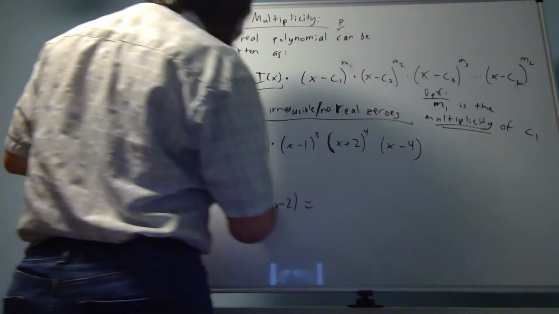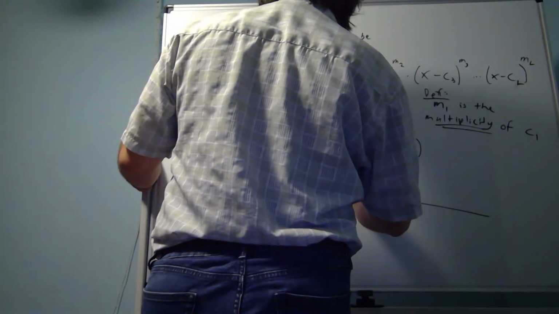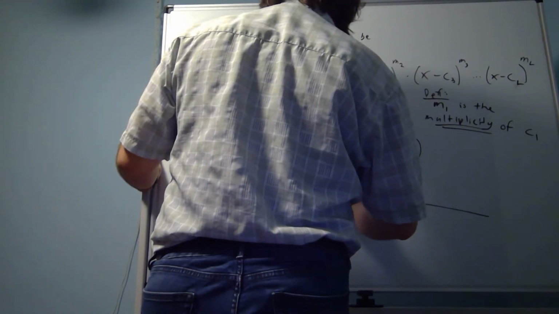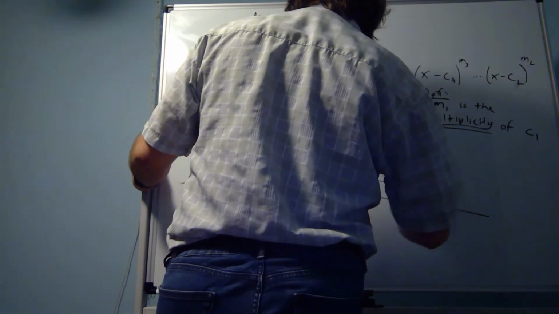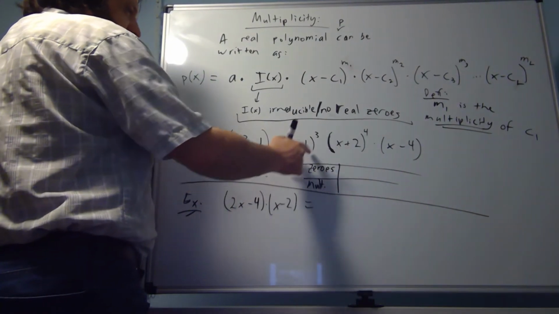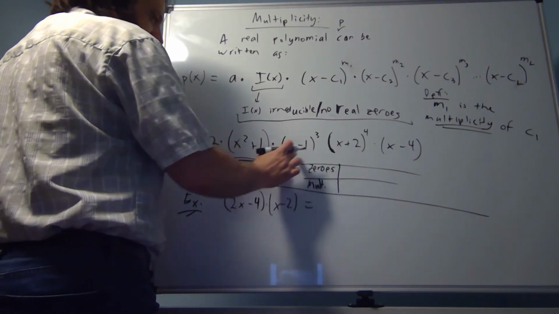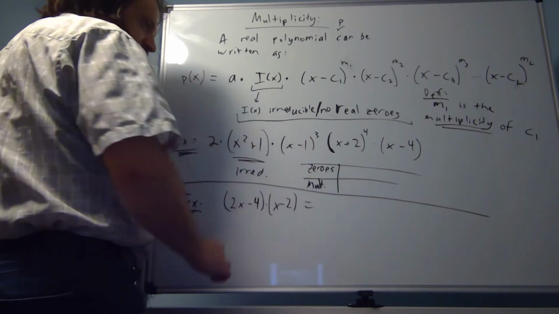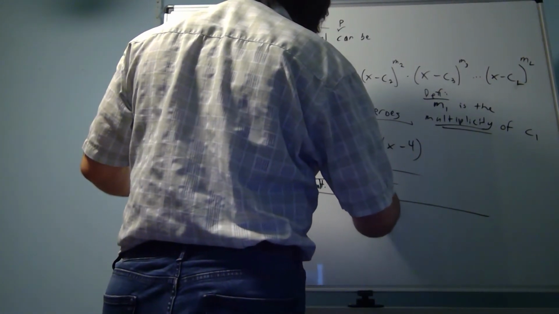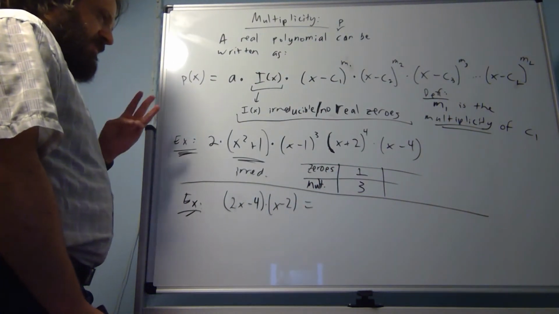So for this example, let's do it like a table. Multiplicity just means that for that zero, you factored out an x minus 1, not just once, but there are 3 different copies. This x minus 1 cubed is just x minus 1 times x minus 1 times x minus 1. So x equals 1 is a zero, but there are 3 copies of it because we factored out x minus 1 3 times.